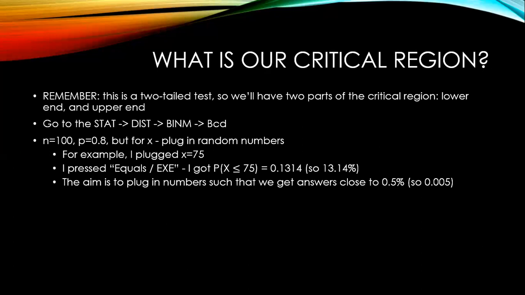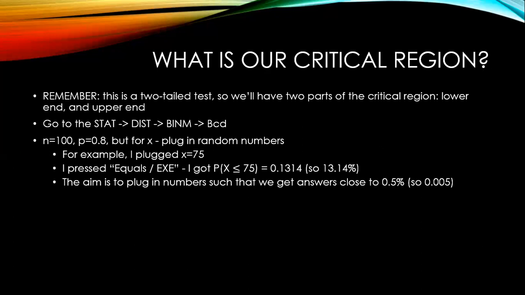That's our significance level, but we're splitting it into two: 0.5% in the lower tail, 0.5% in the upper tail. Remember, the critical region is the set of values that we could obtain from our investigation that would lead us to reject H0. So these X values could be in our critical region.